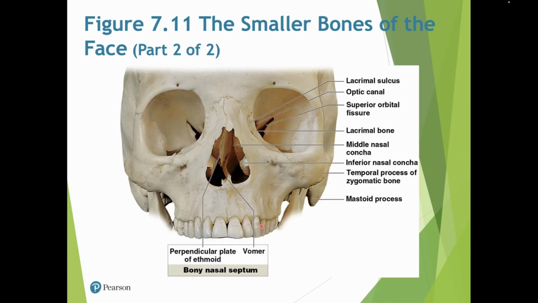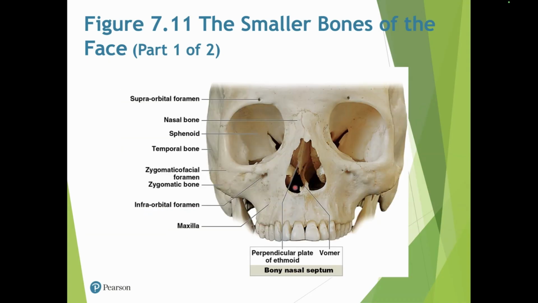So it looks like we got two parts, so that's good. So let's go from the top to the bottom. How about that? The supraorbital foramen, sometimes called the superior orbital foramen. Nasal bone, you have a right and a left. Notice I said it the opposite because I'm actually facing the skeleton. Oh, I said it wrong.